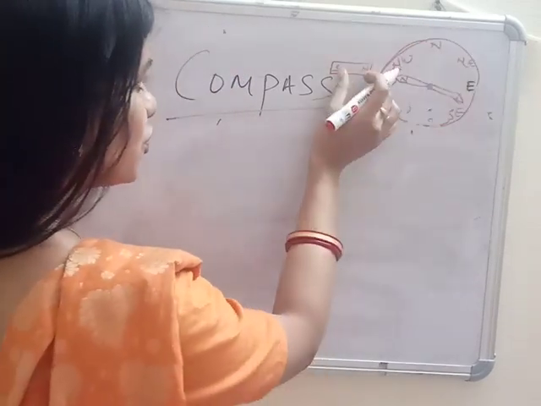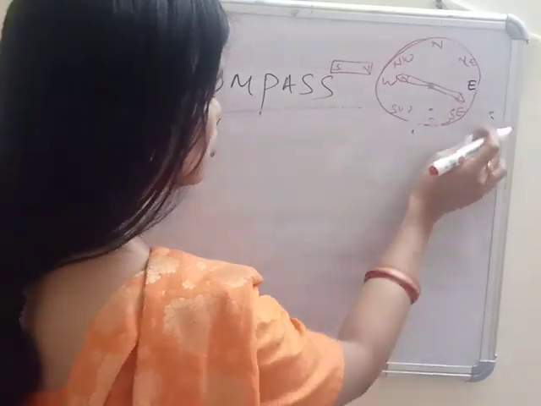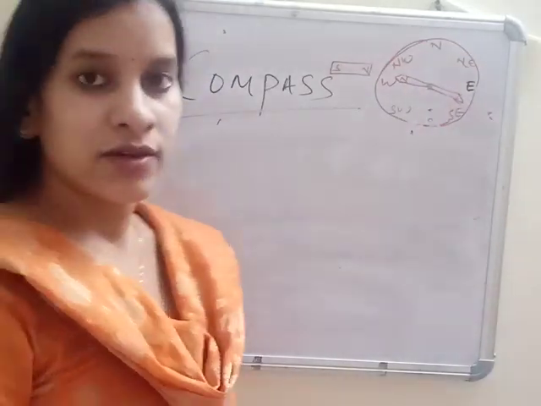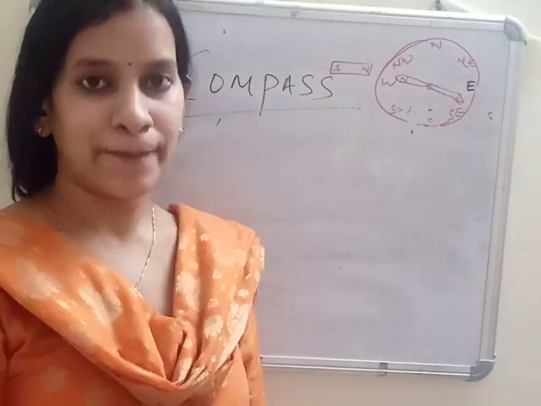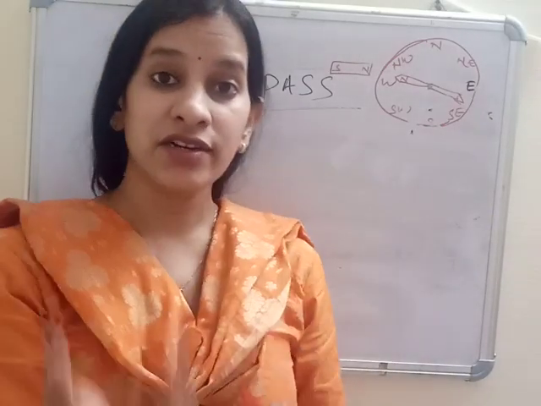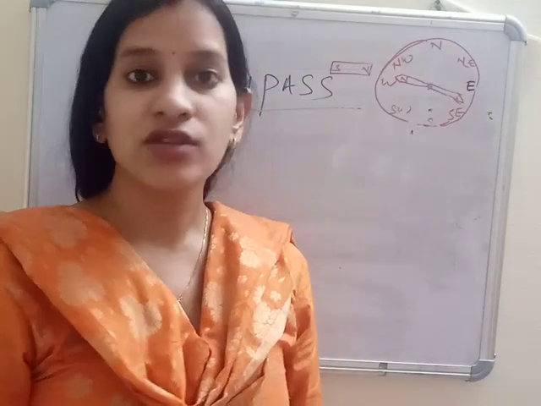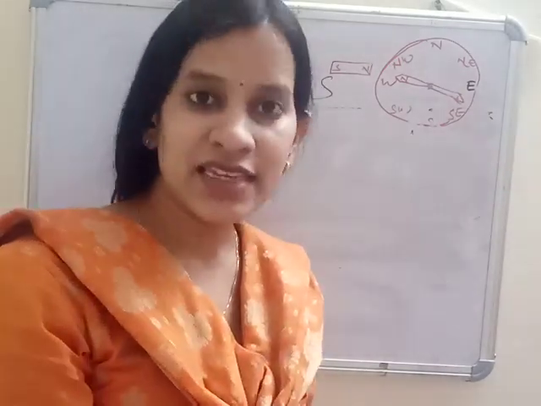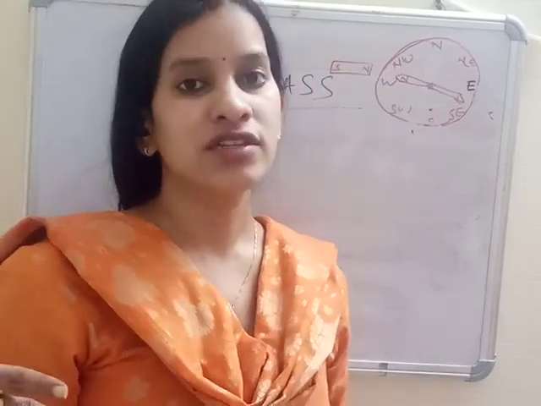If you rotate this magnet around the compass, the needle also rotates the same way, because the earth behaves as a north and south pole for showing direction. That's why when you keep any compass in any place, it's directed to the north and south pole.